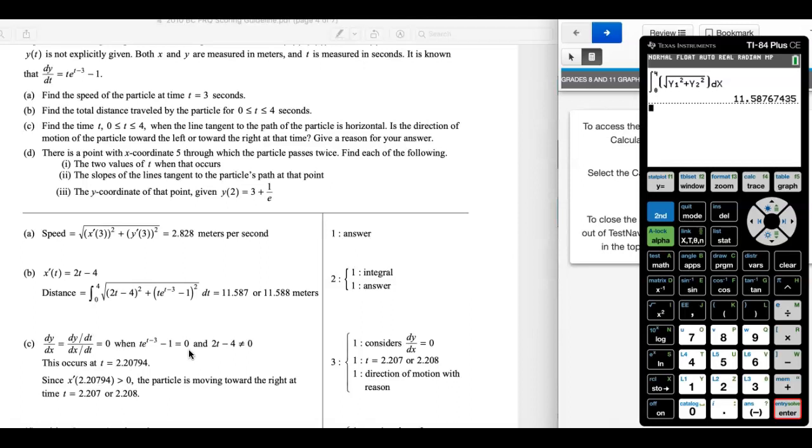So therefore dy/dt is going to equal 0, but dx/dt must not equal 0. If they both equal 0, that means the particle is completely stopped. But the question is asking for a horizontal tangent, which means dx/dt needs to be something other than 0 so that it's actually moving, and dy/dt is equal to 0, which means it's not moving up or down.